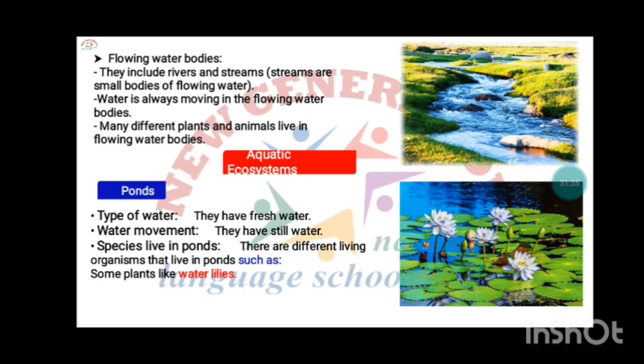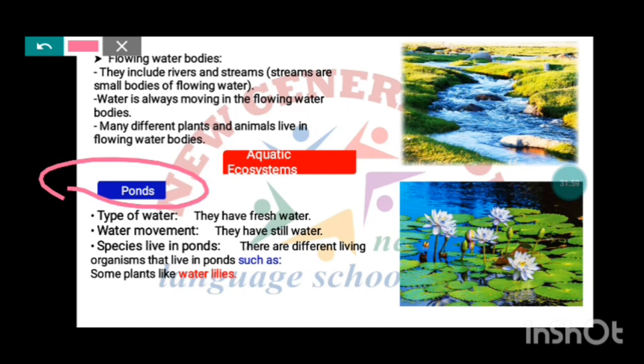Okay, according to aquatic ecosystems, ponds. The type of water is fresh water, as we said. Water movement: they have still water, which means the water doesn't move.